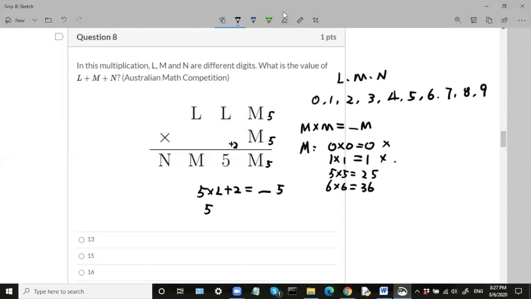So 5 times L, after you subtract 2, has a unit digit of 3. Because any digit multiplied by 5 ends in either 0 or 5, ending in 3 is impossible. So 5 is not the choice.